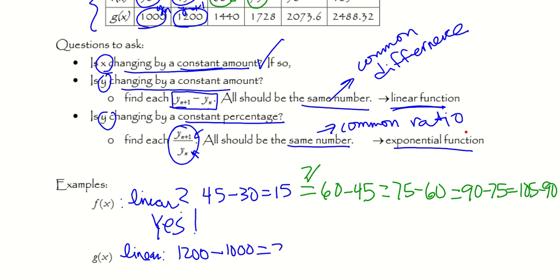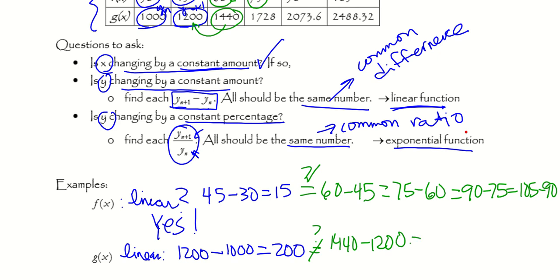In this case we get 200. Again, that's not enough. We've got to go on. Now we take the next y and subtract the previous y from that. Does that equal 1440 minus 1200? Well, 1440 minus 1200 is not 200, it's 240.